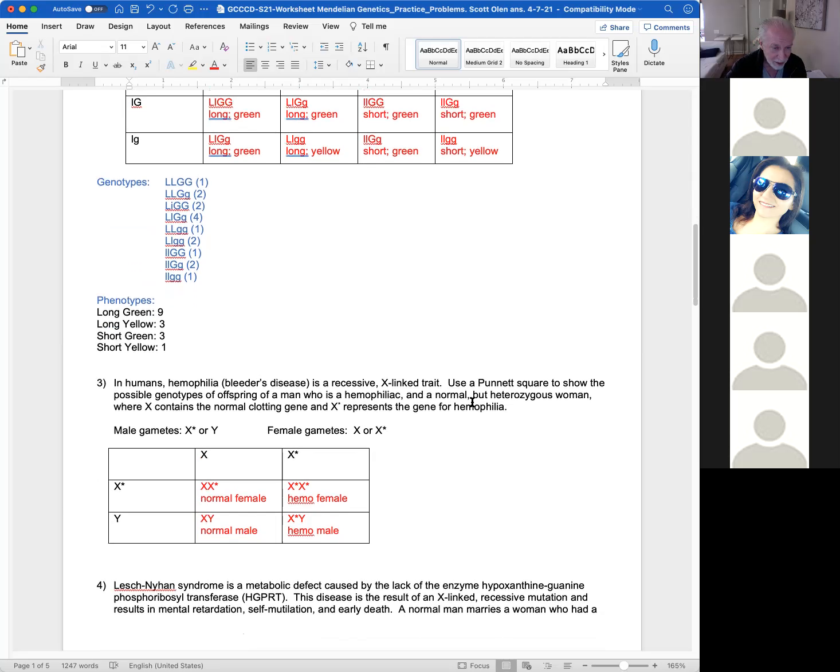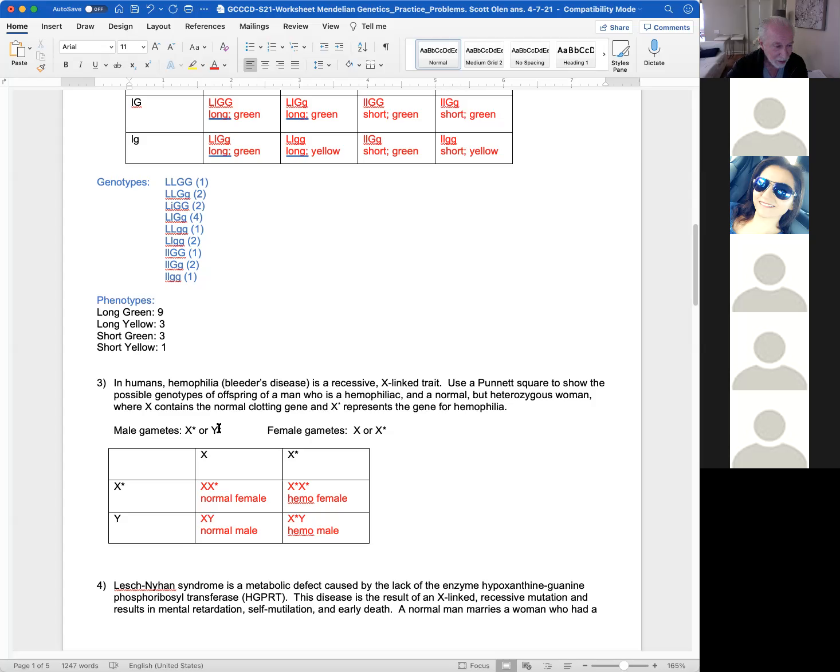So as Scott said, we want to ask, what are the gametes here? Well, we know that the man is a hemophiliac, and we know that he is XY.